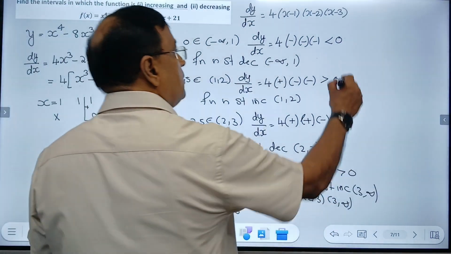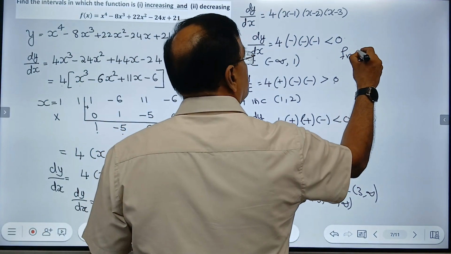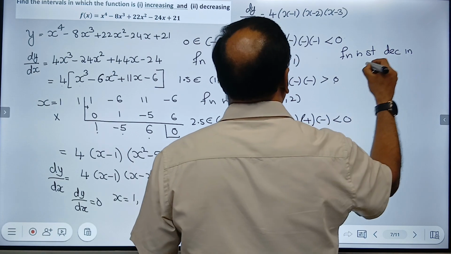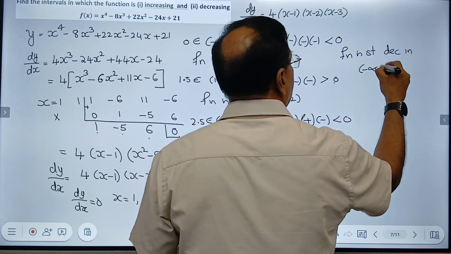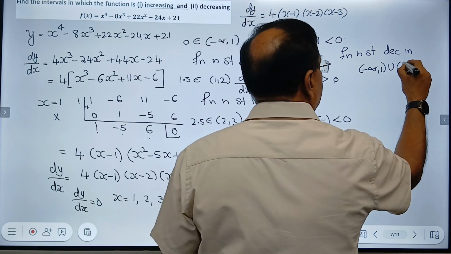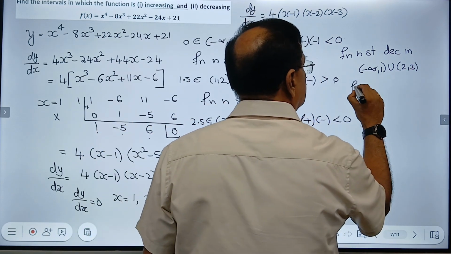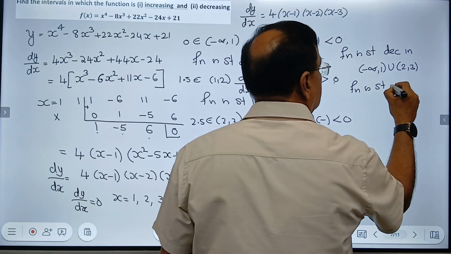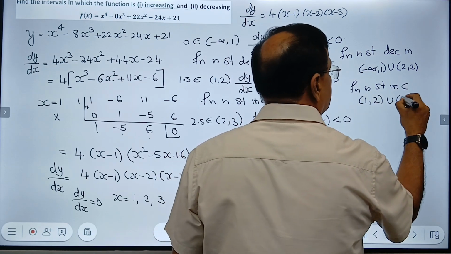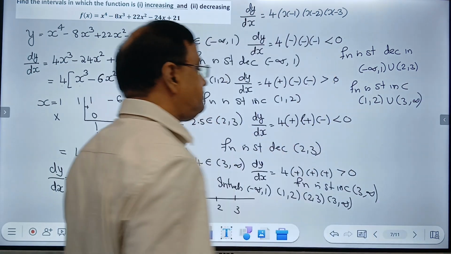My conclusion will be the function is strictly decreasing in minus infinity comma 1 union 2 comma 3 and the function is strictly increasing in 1 comma 2 union 3 comma infinity.